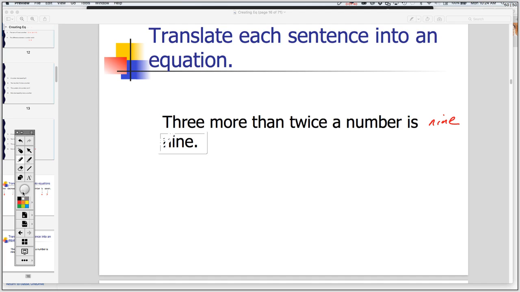So if you have it all in one long line, it makes it a little bit easier. So we have 3 more than twice the number is 9. Okay, so try that out. About 30 more seconds. About 20 more seconds.